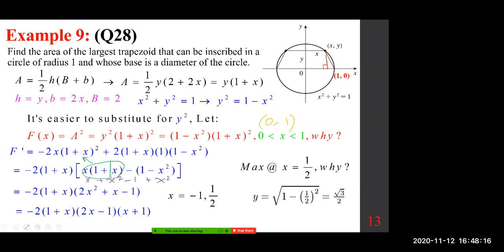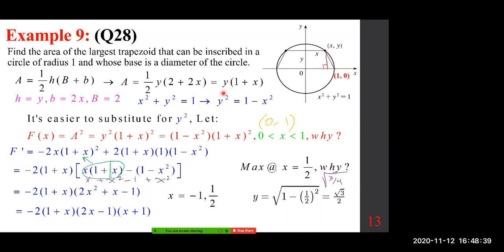This is the same as saying 3/4 under the radical. Okay. So what about the area? Area is y times 1 plus x.